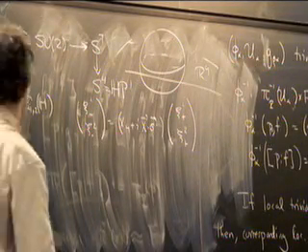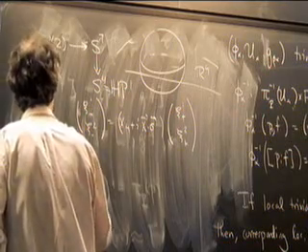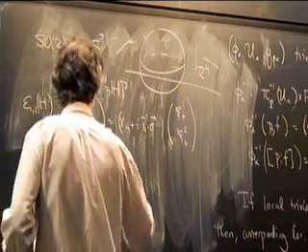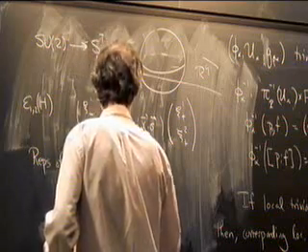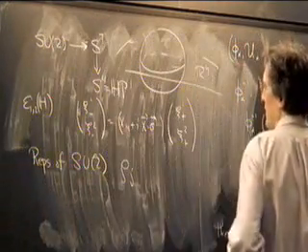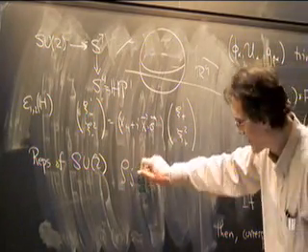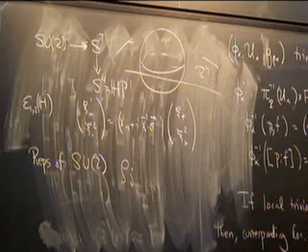And then we would look at representations of SU2. So let's call that rho sub j. So we take an SU2 matrix, raise it to the jth power. We take the symmetric power.